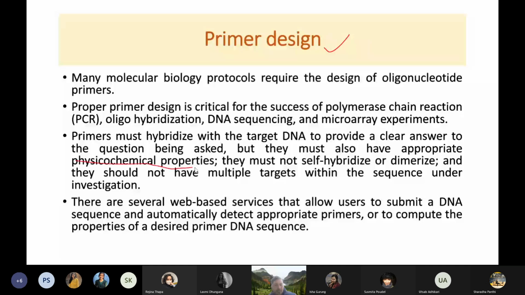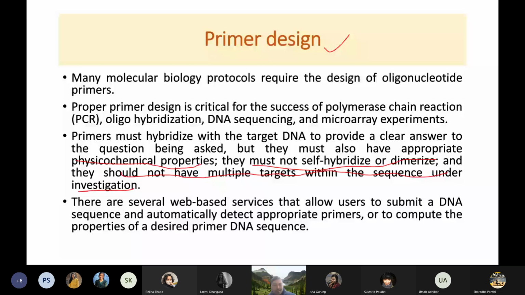They must not self-hybridize or dimerize, and should not have multiple targets within the sequence under investigation. These primers should not bind to multiple sites in the target DNA. If that happens, then you have impurity, so that shouldn't be done.